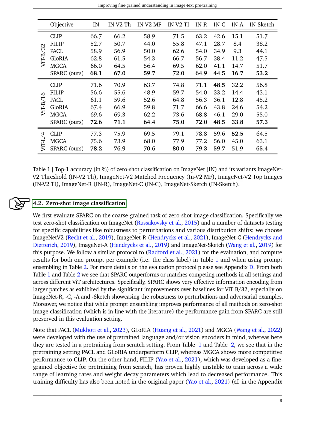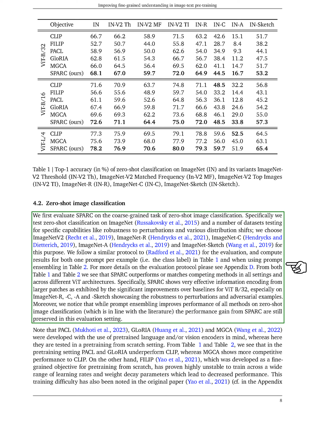We first evaluated our model, Spark, on the task of zero-shot image classification. We tested it on ImageNet and several other datasets designed to test specific capabilities like robustness to perturbations and various distribution shifts. These datasets included ImageNet V2, ImageNet R, ImageNet C, ImageNet A, and ImageNet Sketch.